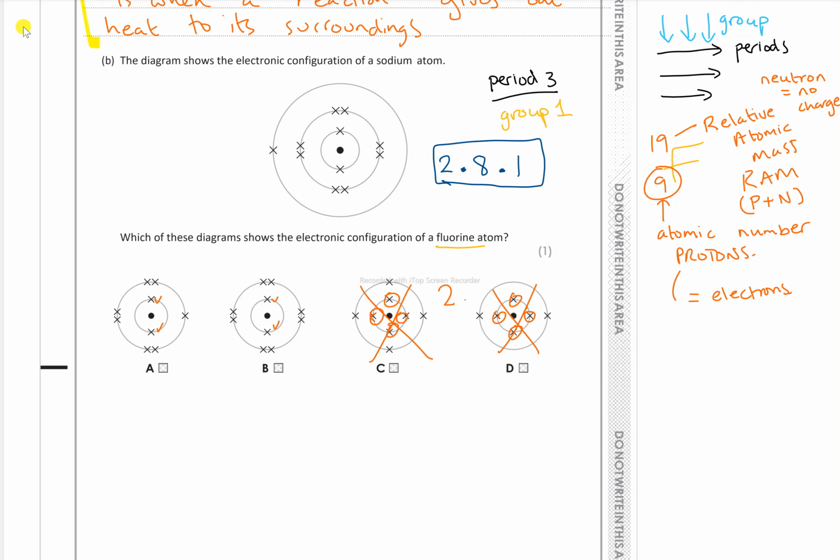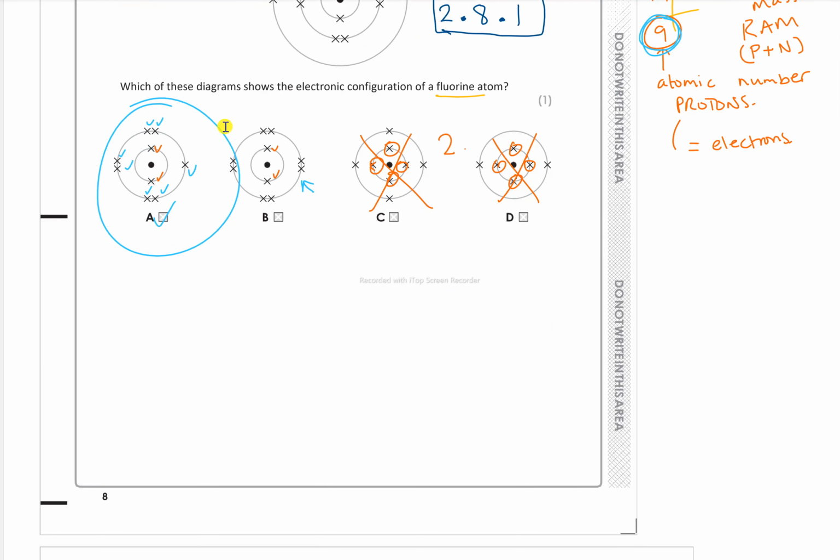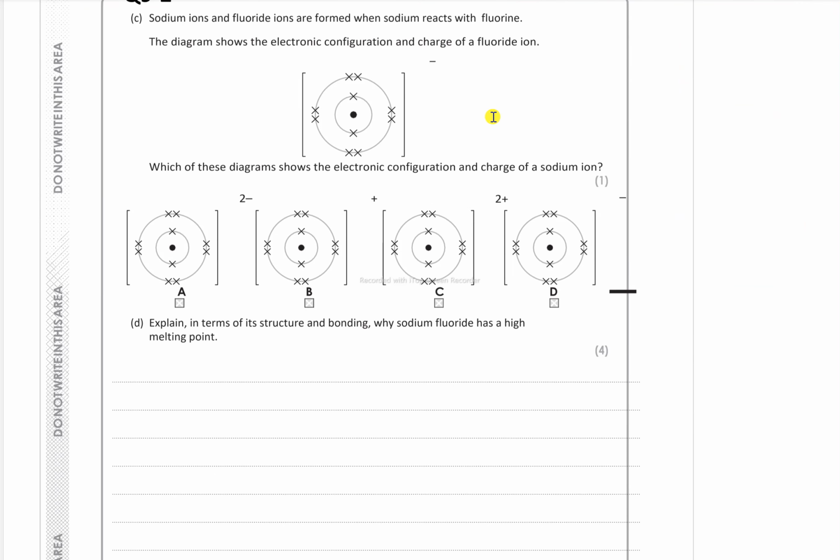But we want 9 electrons because we have 9 protons. So we've got 1, 2, 3, 4, 5, 6, 7, 8, 9. So it's that one. This has got 10. So it's this one. Alright, let's keep going.